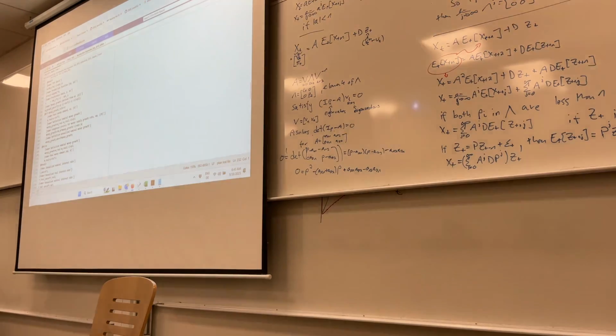Let's add in a variable, the annualized money growth rate. Money growth annual equals 4 times money growth.